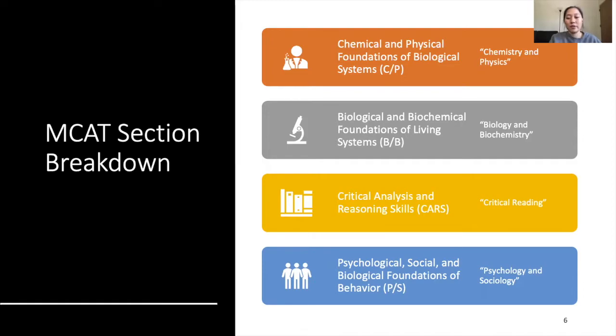For example, the physics and the psychology topics tested on the MCAT will be relatively more surface level and less difficult. Students take, I would say, at least a year of general biology courses before taking this test. It's also recommended that they take a semester of biochemistry if they can, but that's obviously not required. Next is CARS.